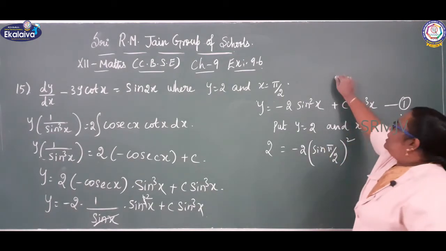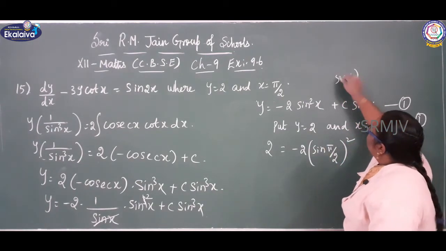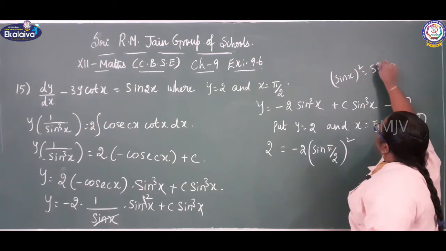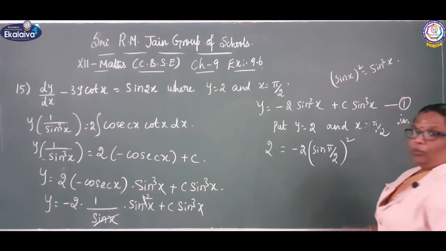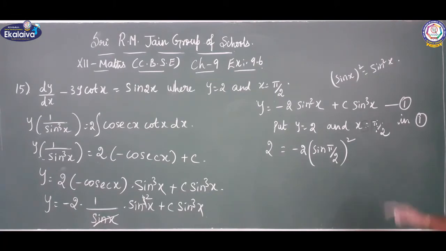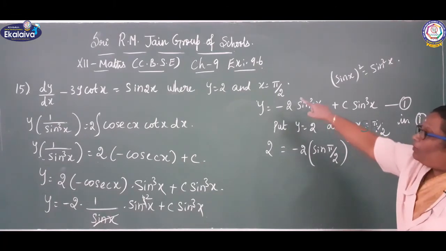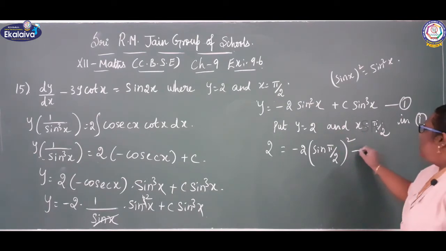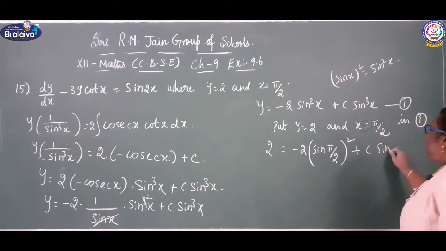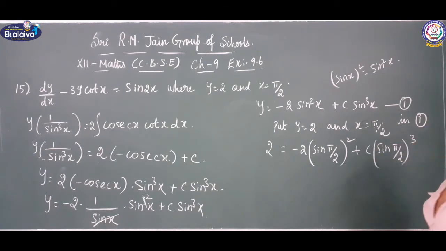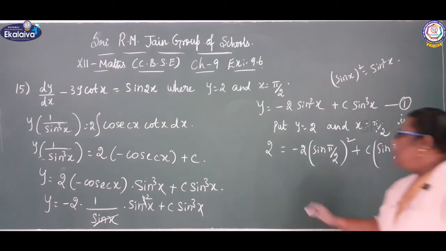Both are same, sin x the whole square equal to sine square x. So sine pi by 2 the whole square, instead of x I put the value of pi by 2, plus c into sine pi by 2 the whole cube.